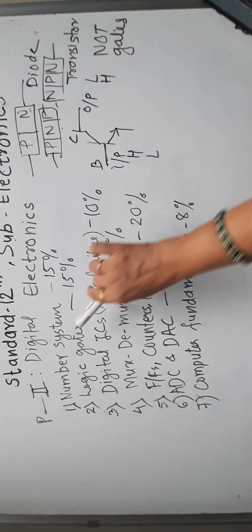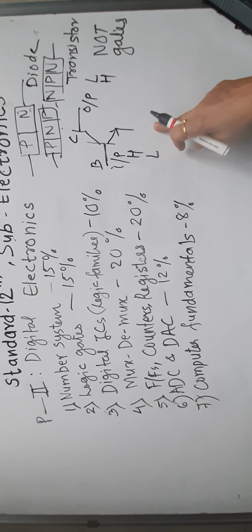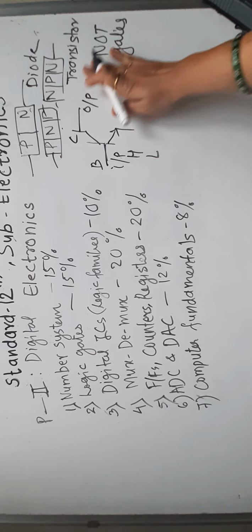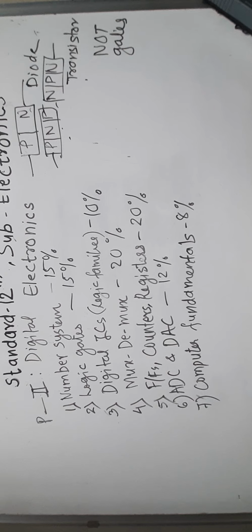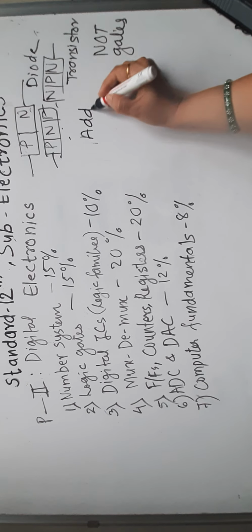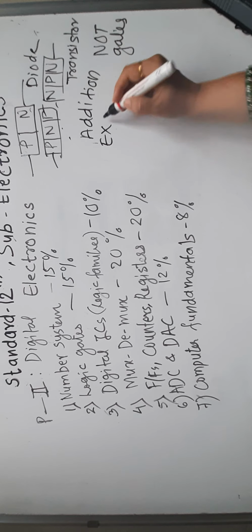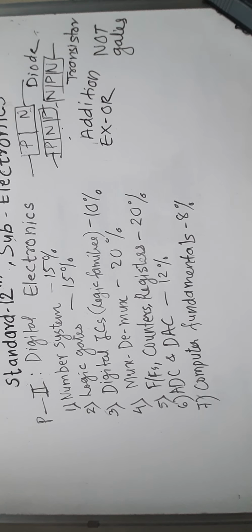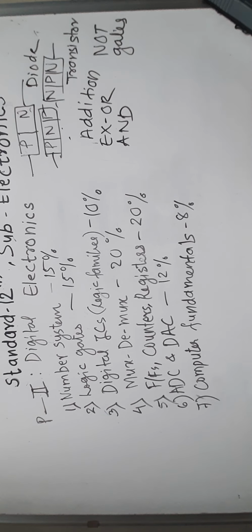So gates are structures formed by using different types of transistors to get the desired output. If we want to perform addition, an XOR gate is designed. For multiplication, an AND gate is designed.